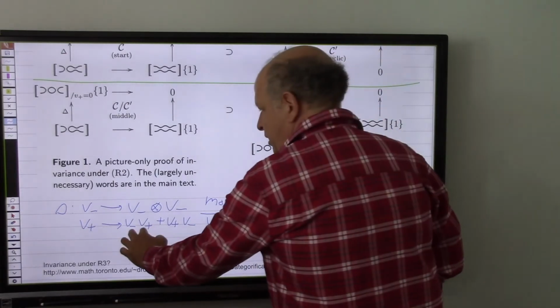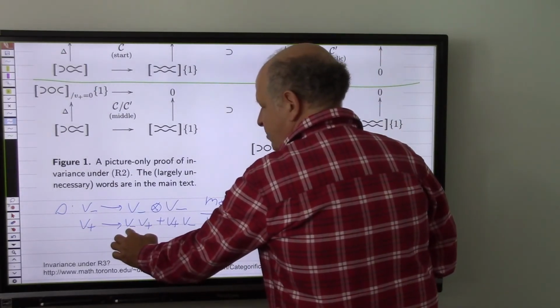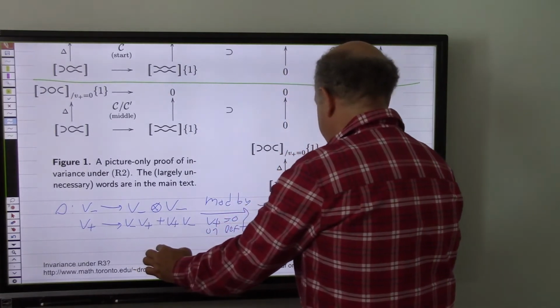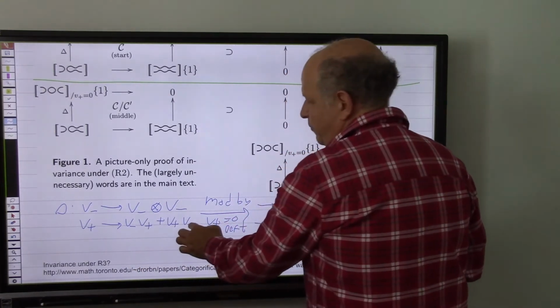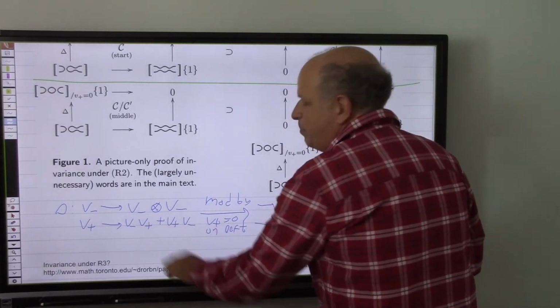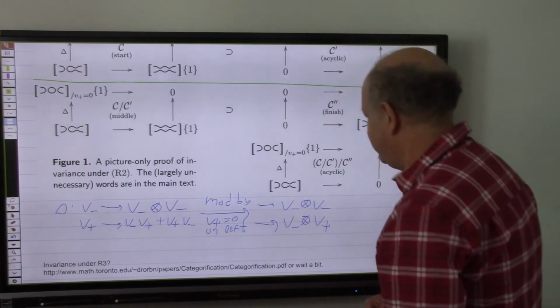And here, v minus tensor v plus remains, but the v plus tensor v minus becomes 0 because I modded out by having v plus on the left tensor factor.